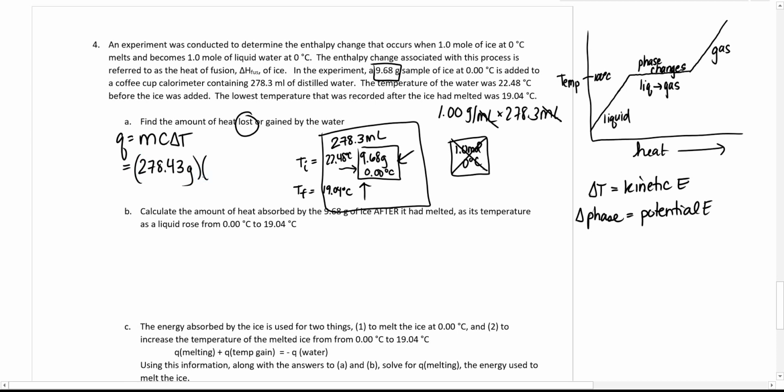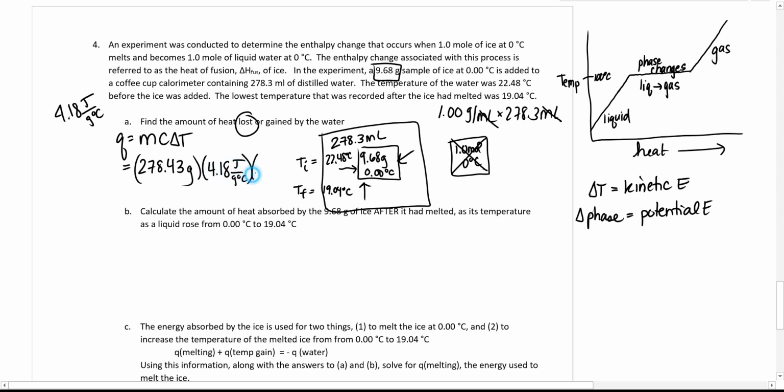Our specific heat, earlier it says to assume the specific heat is the same as that of pure water. Well, this is pure water. So the specific heat of pure water is 4.18 joules per gram degree Celsius. No, you don't need to memorize it. It will be given somewhere in the problem. So this is 4.18 joules per gram degree Celsius.